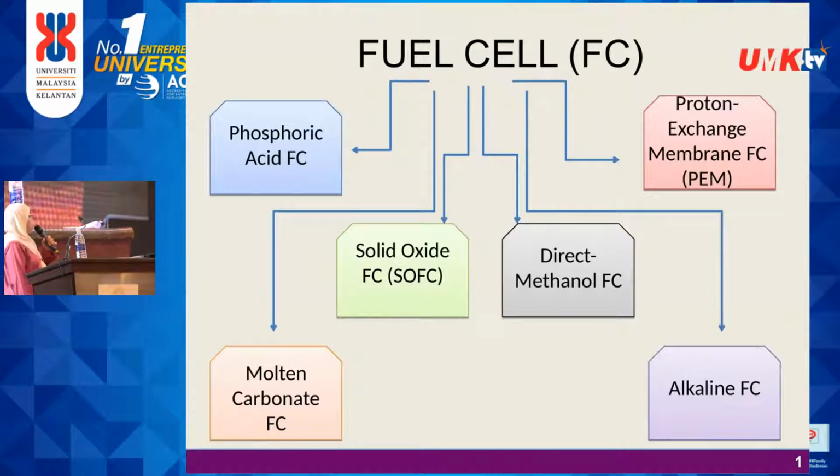If we use an oxygen ion conducting material, we call it an oxygen ion solid oxide fuel cell. If we use proton as the electrolyte material, that solid oxide fuel cell is known as a proton solid oxide fuel cell. This is also known as a proton ceramic fuel cell.